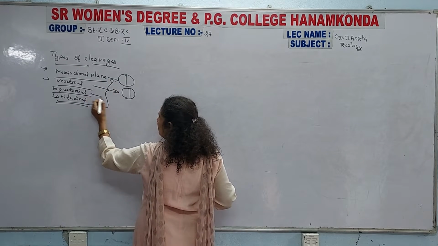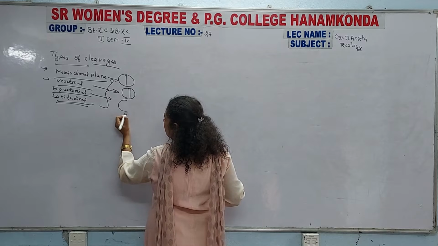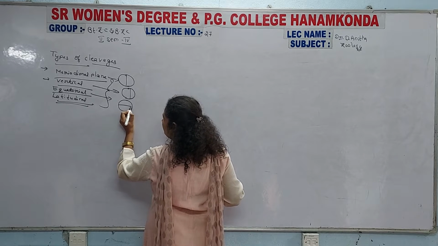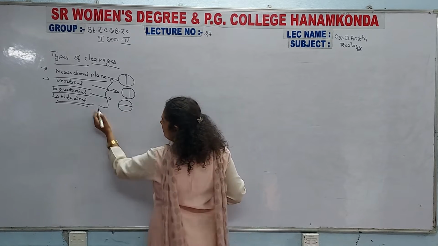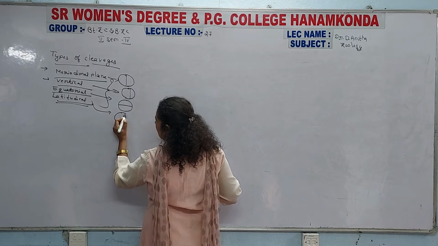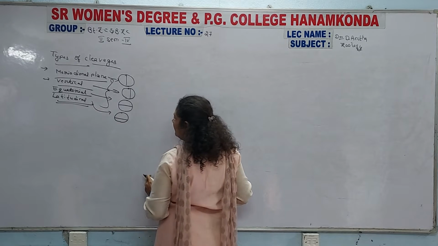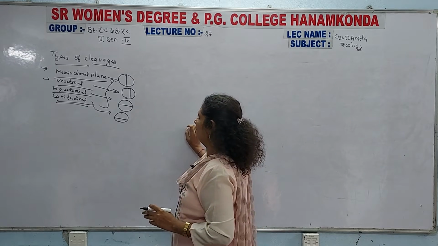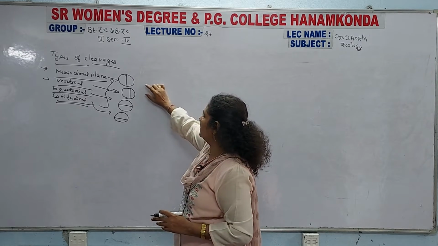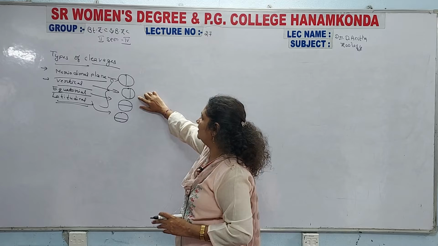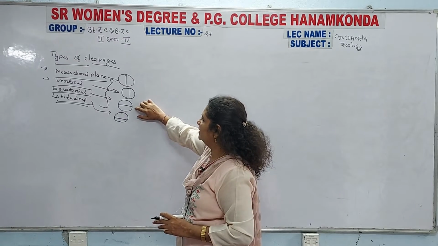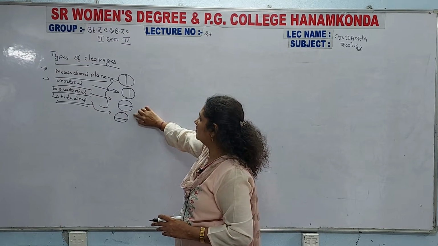The equatorial plane takes place horizontally and forms two equal blastomeres, and the latitudinal also occurs horizontally and forms unequal blastomeres. So the meridional plane occurs vertically, the vertical plane also occurs vertically, and the equatorial plane and latitudinal plane occur horizontally.